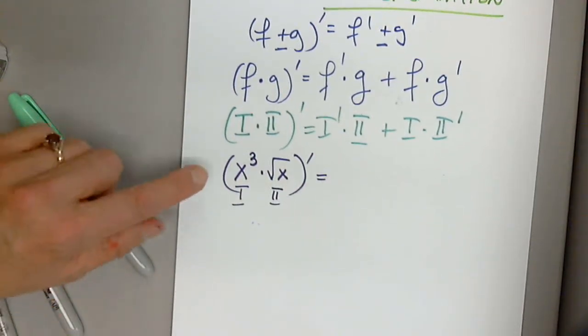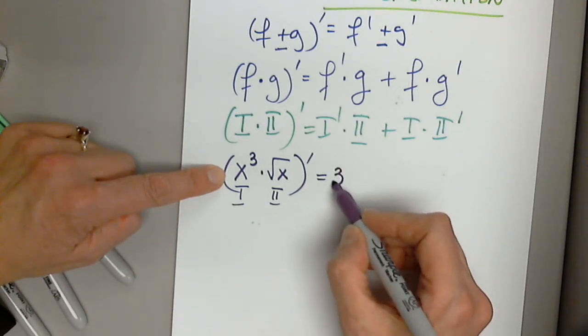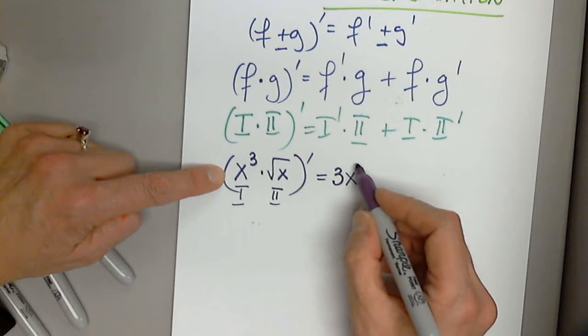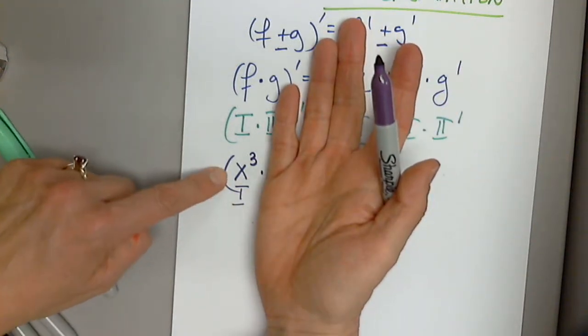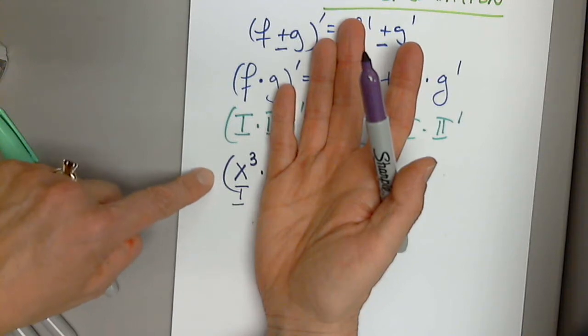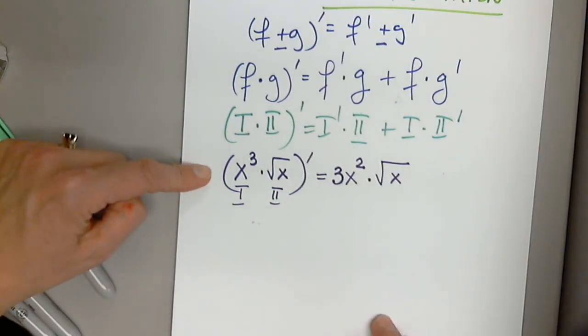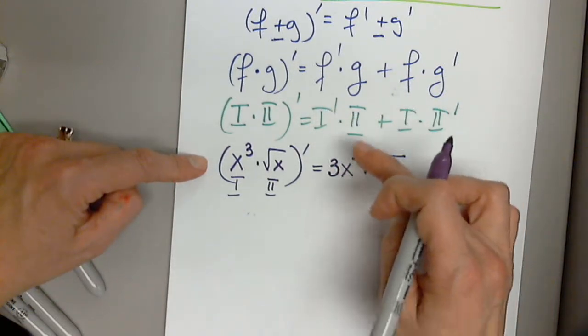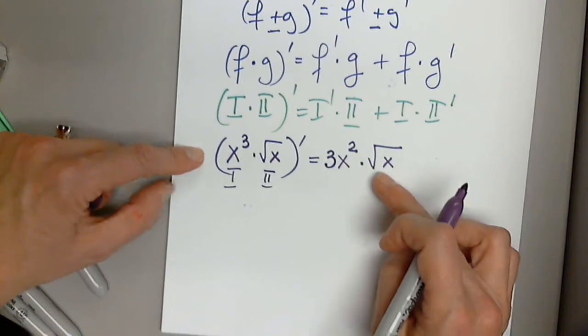What is the function 1 prime? 3x squared, right? I differentiate x cubed into 3x squared, correct? Multiplied by the second function untouched. So this was the first function and this was the second, right? The first function prime and the second one untouched.